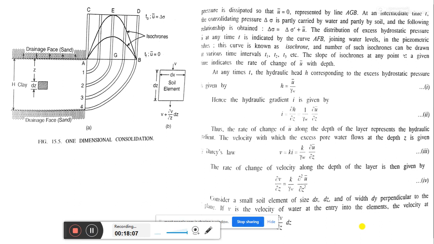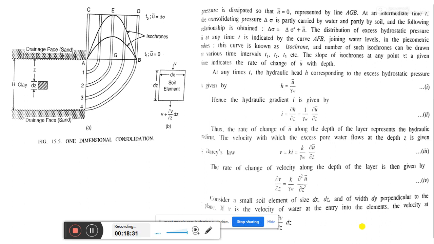Here you can see the figure I have taken from B.C. Punmia, figure number 15.5, which is on one-dimensional consolidation.